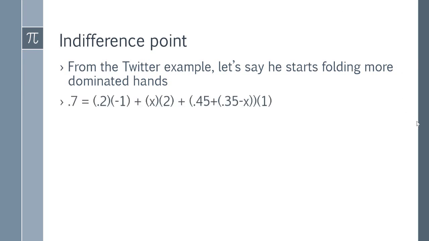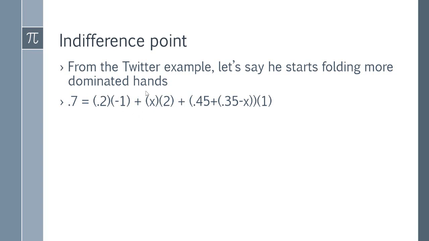You can see I've gone straight to the equation here instead of running everything in English words first. We know over here is our EV of checking. We've already calculated that, and as long as our opponent isn't changing his strategy on this end, it's going to stay the same, so we know the EV of checking is 0.7. He's going to call with those better hands, and we're going to lose our pot-size bet whenever he calls.